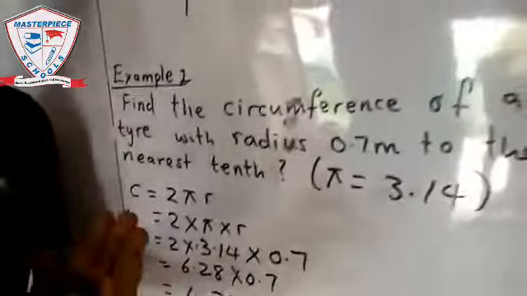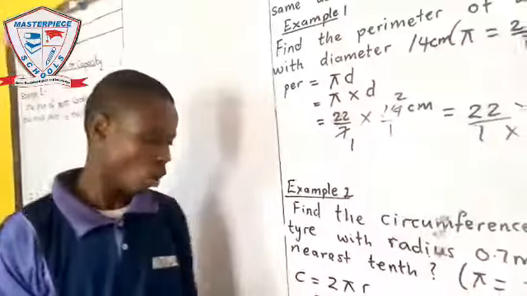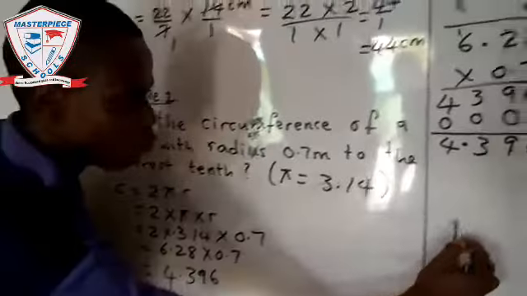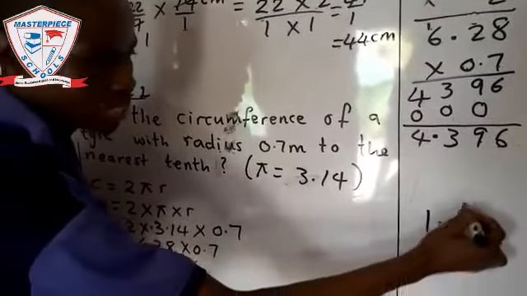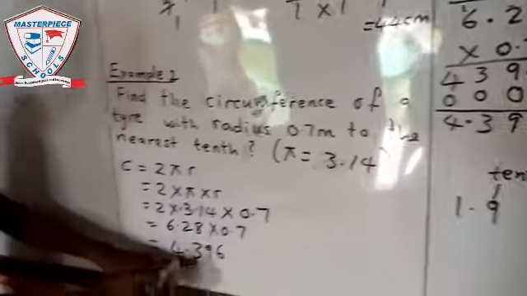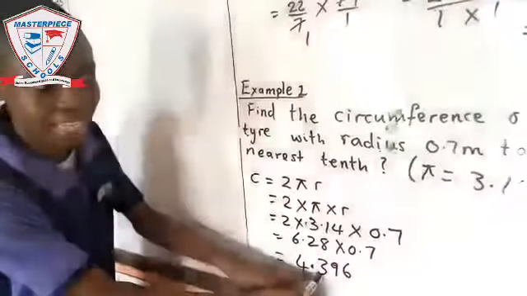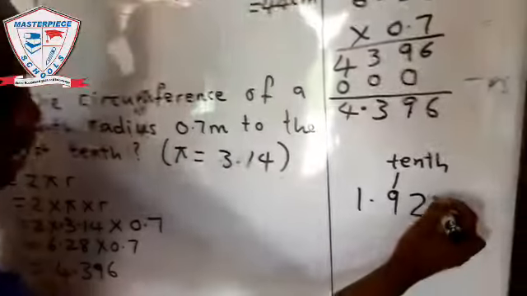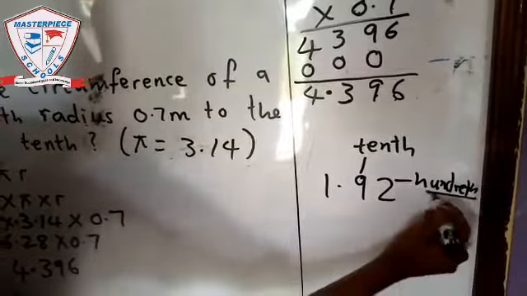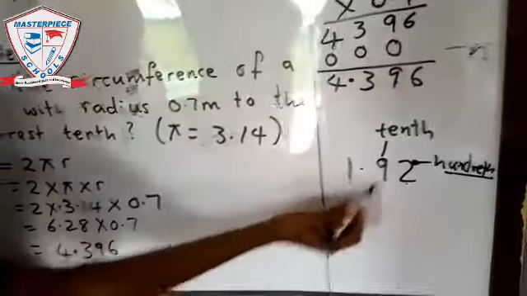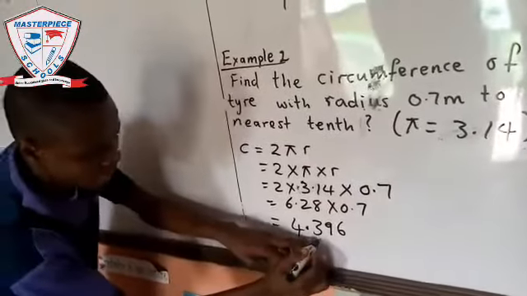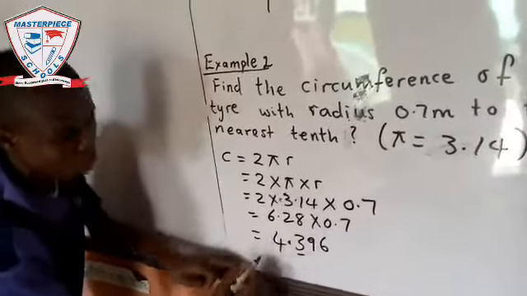So what you now have is 4.396. But the question says to the nearest tenth. Don't forget, when you have 1.9, this is the tenth. So to the nearest tenth means they want only one number after the decimal point. If you have another number after this, it is hundredths. You remember, we did this before. So you approximate.